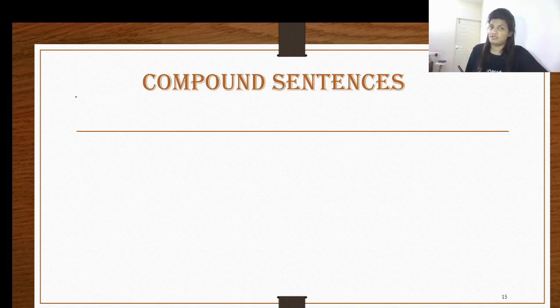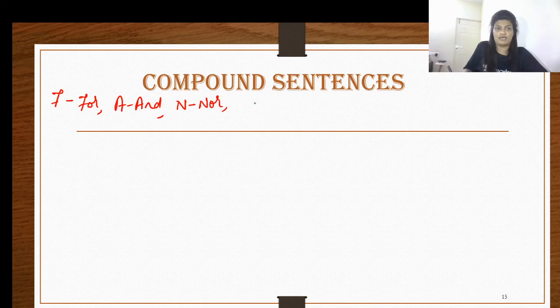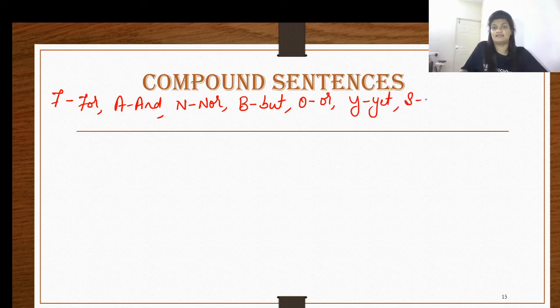Remember, compound sentences are combined by coordinating conjunctions, which are FANBOYS, where F stands for for, A stands for and, N stands for nor, B stands for but, O stands for or, Y stands for yet, and S stands for so. All these are our coordinating conjunctions, and when we combine two clauses with these conjunctions, our sentences are called compound sentences. Let me give you the examples.